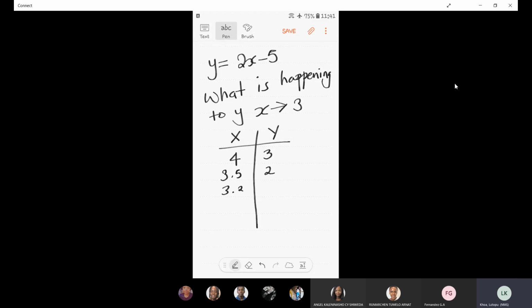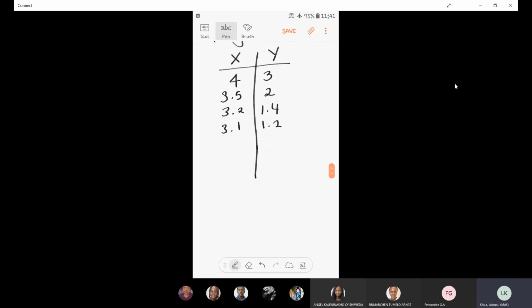Get even closer, 3.2, you get 1.4, 3.1, you get 1.2, 3.01, get 1.02, 3.001, 1.002, and then even closer 3.0001, and then here I get 1.0002.